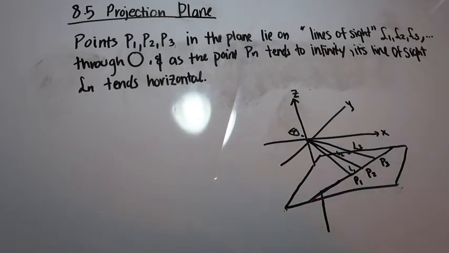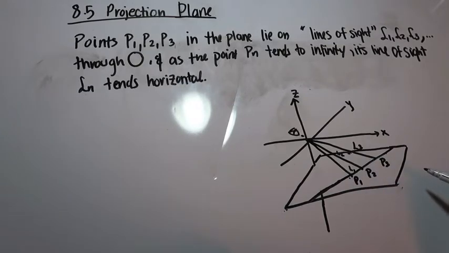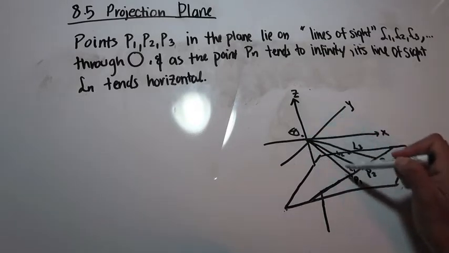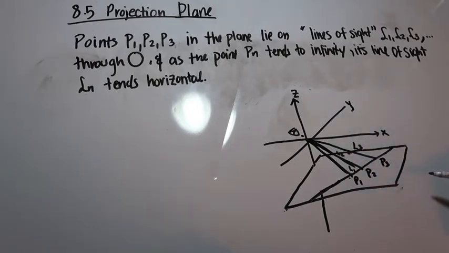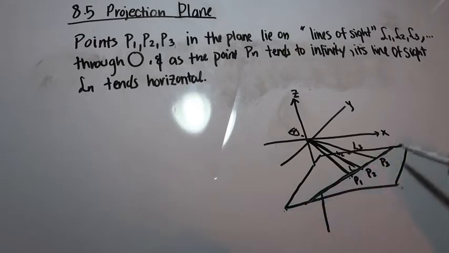So with 3D we have a little bit more trouble, but pretty much what it's saying is that these here are just points, which are given by this eye that we're looking down here, and that's where we're forming these lines here. And Pn tends to infinity as the line Ln tends to horizontal. So as this becomes more horizontal, it just continues going and going.